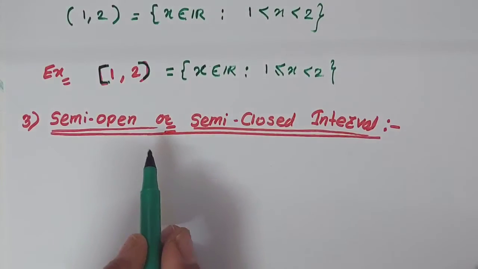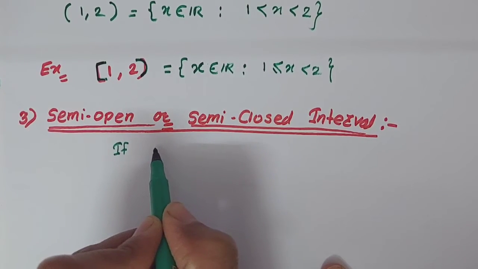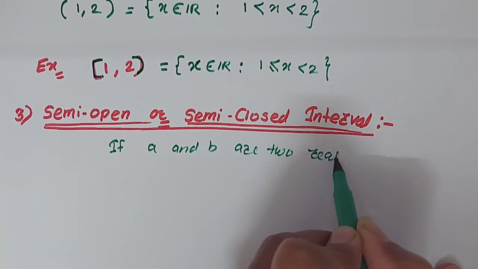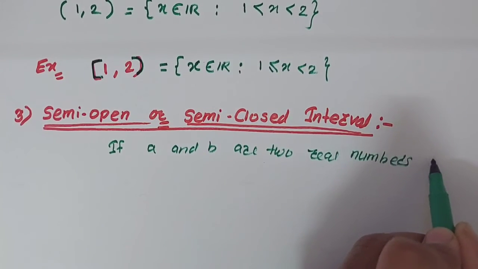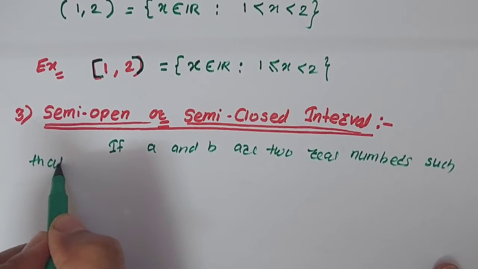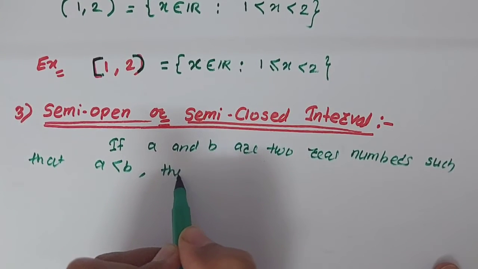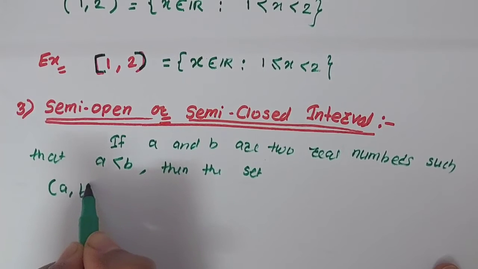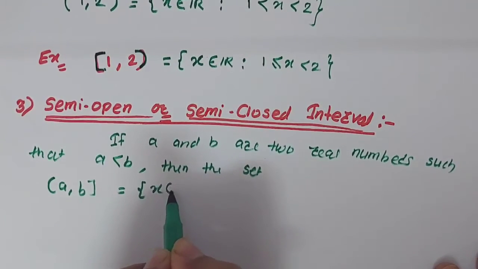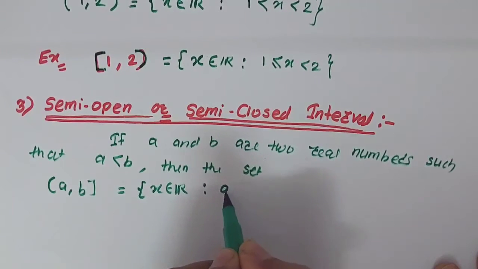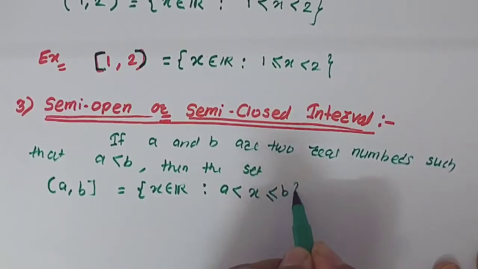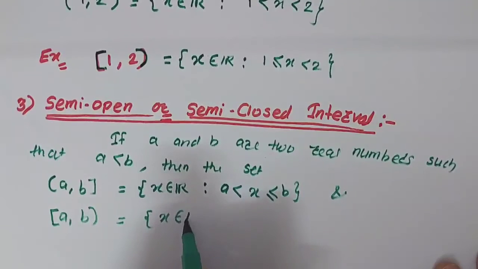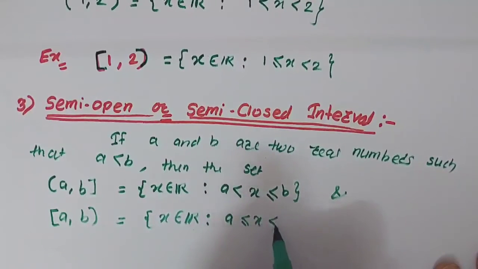Semi-open or semi-closed interval: if a and b are two real numbers such that a is strictly less than b, then the set open a closed b is equal to the set of x belongs to real numbers such that a is strictly less than x less than or equal to b, and closed a open b is equal to the set of x belongs to R such that a is less than or equal to x less than b.